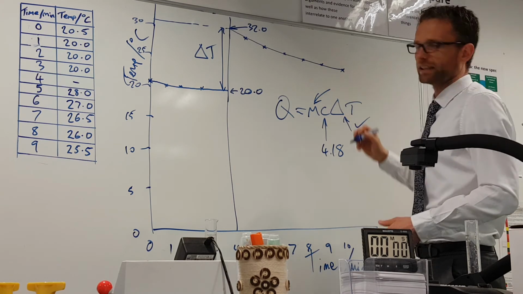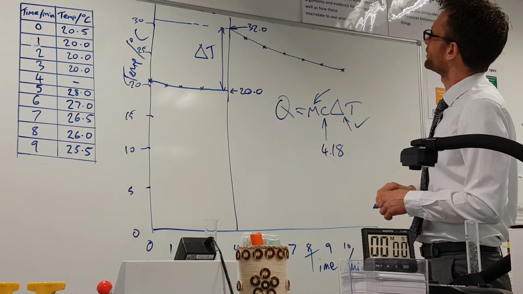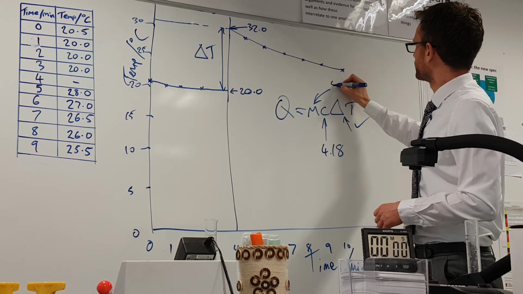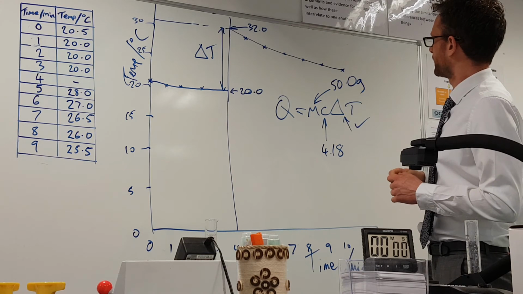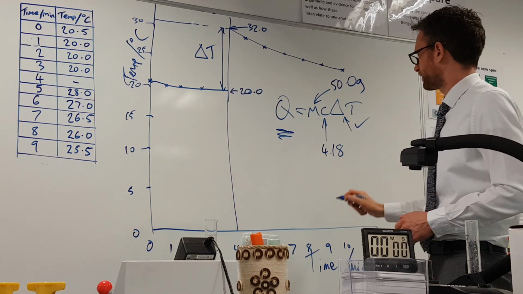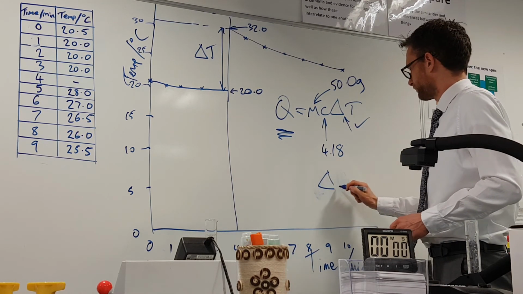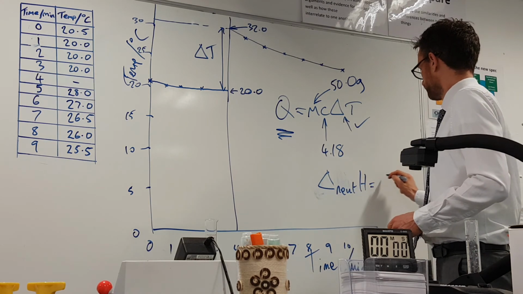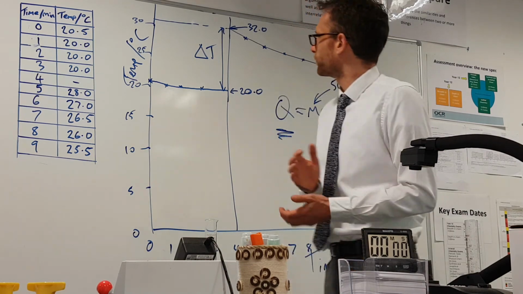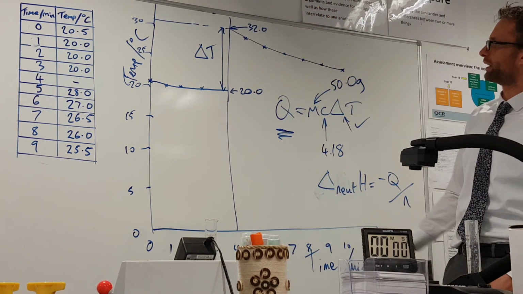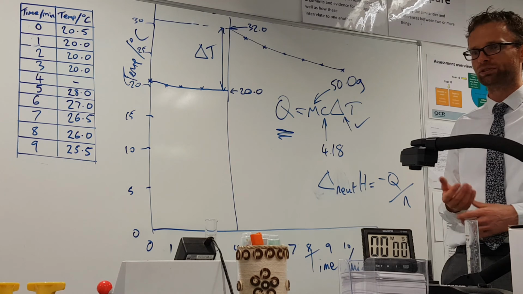For us, if we assume 25 centimeters cubed of each is going to add up to 50 grams, then we could use 50.0 grams as the mass of our surroundings, and that will allow us to calculate Q, and then delta H, we could say that the enthalpy of neutralization equals negative Q divided by n, and n is the number of moles of water that we have formed through this neutralization reaction, and you can calculate that because you know the concentration and the volume that you've used of each of the reagents.